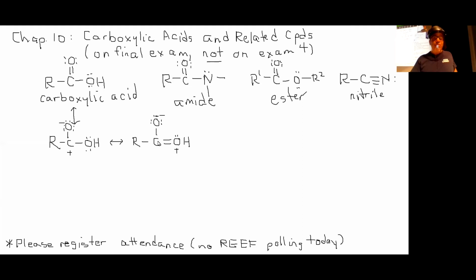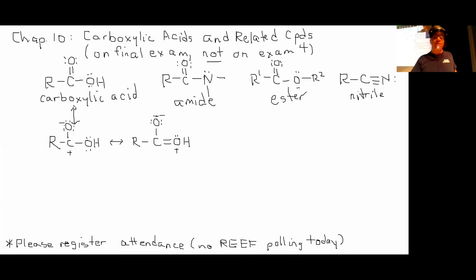So again, just a reminder that certainly the inductive effect and resonance still affect the structure and reactivity of all of these. But especially in the cases of carboxylic acids and esters and amides, what we find is that in addition to the two resonance forms that we've discussed, there's a third one that plays a role in the structures of these compounds, which now takes some of that partial plus charge off of the carbon and puts it on the oxygen.